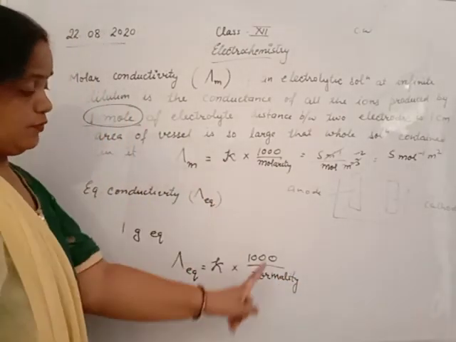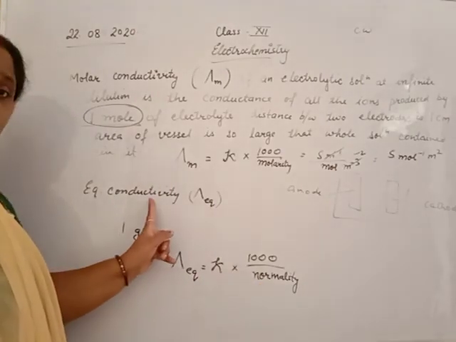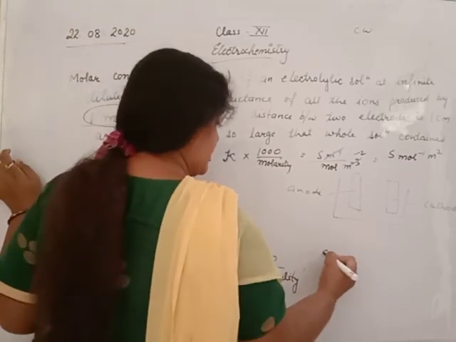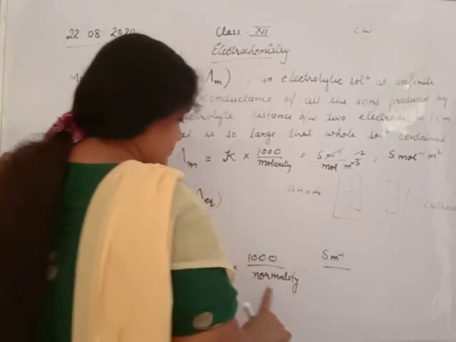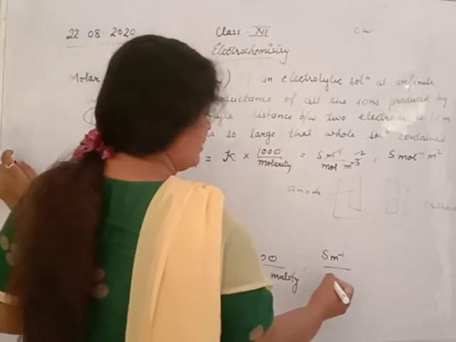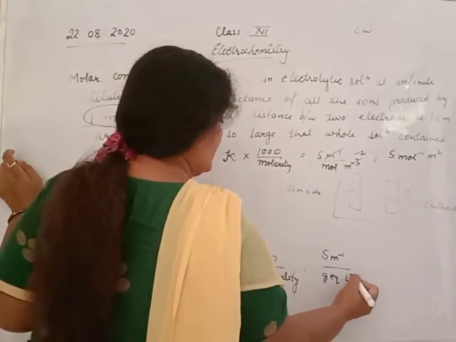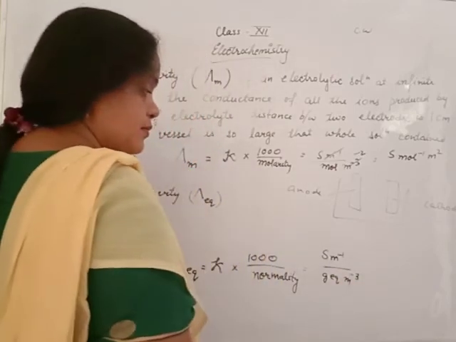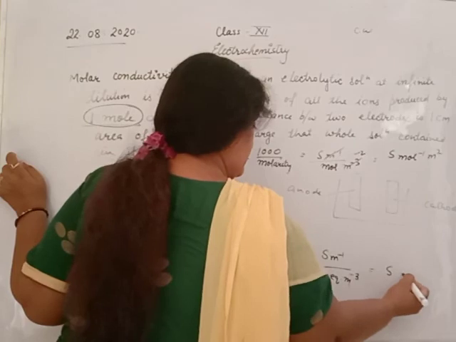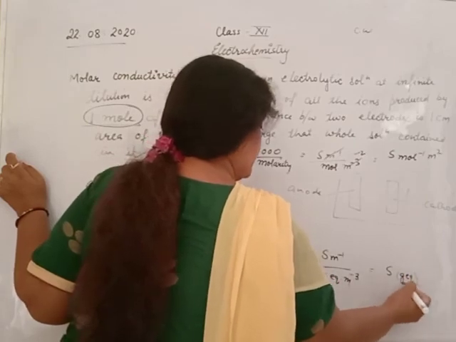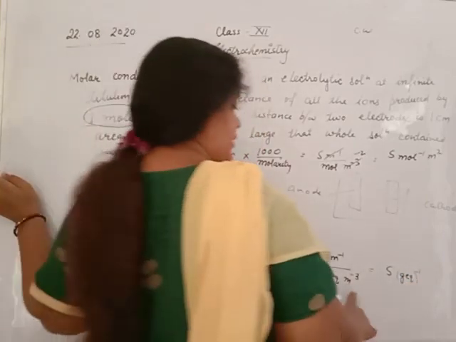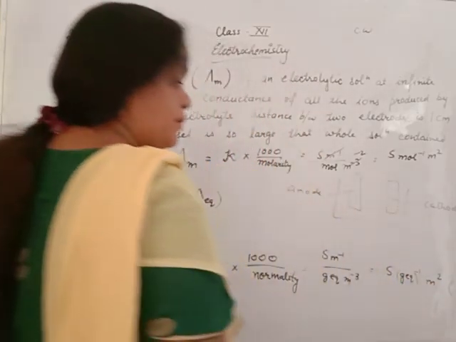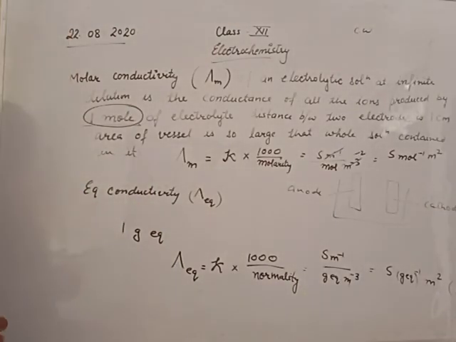In place of molarity you use normality, gram equivalent per liter. The unit is again Siemens meter inverse upon gram equivalent per meter cube, and the units are Siemens meter square per gram equivalent. These are SI units. If you want to write in CGS, it is centimeter square.